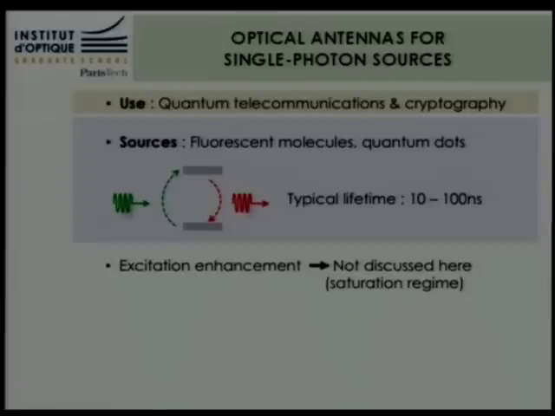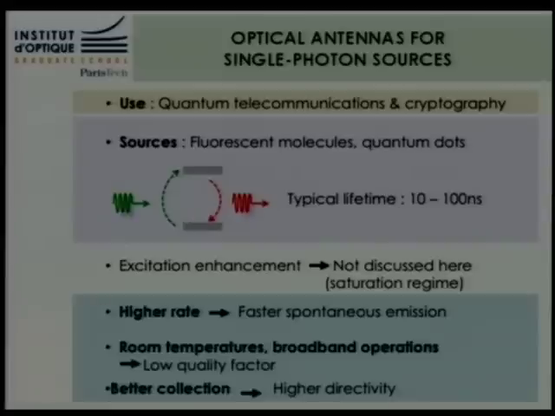Rather, I will deal with the need to produce a single photon at any willing time, on-demand single photon sources. And to do so, we need an antenna to get a faster spontaneous emission. Then we would like also room temperature operation.